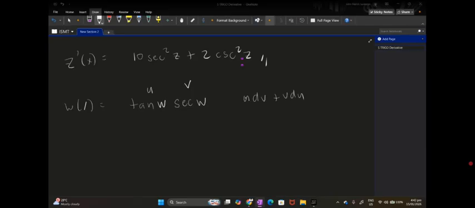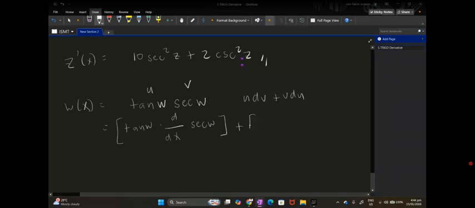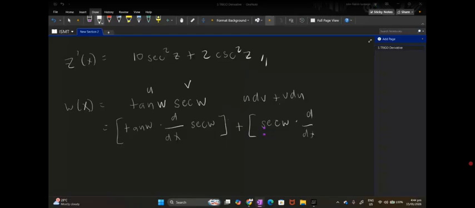So, tangent W multiplied by the derivative natin of secant W plus, it's multiply pala, multiplied by secant W multiplied by the derivative of tangent W. Yan.